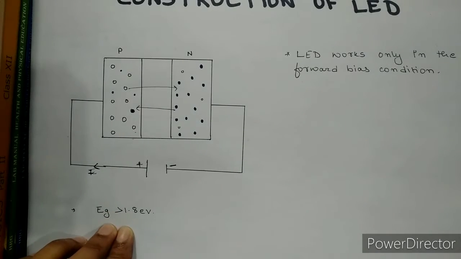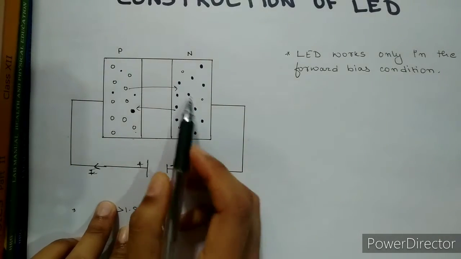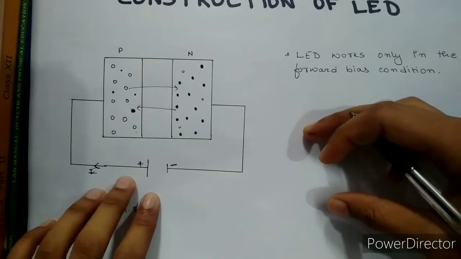During recombination, it releases energy in the form of light.